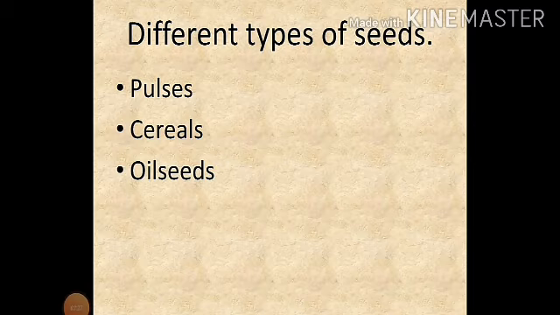Then we learned about pulses, cereals and oilseeds. What are pulses? Pulses are seeds which can be broken into two halves, but these seeds won't release any oil. Those seeds are known as pulses. Examples are green gram and chickpeas.